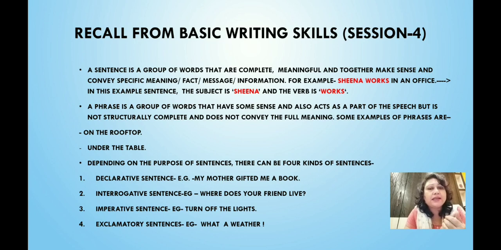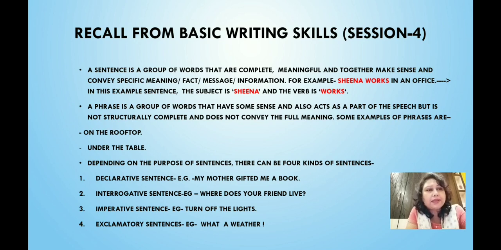Then we had the imperative sentence, which gives a command. For example, turn off the lights. Then the fourth one was the exclamatory sentence, which denotes an emotion or a wish. For example, what a weather, and it always ends with an exclamation mark. So this was what we had done in our session 4.